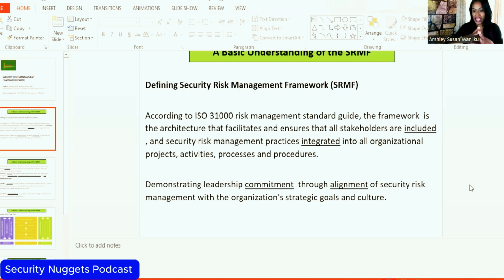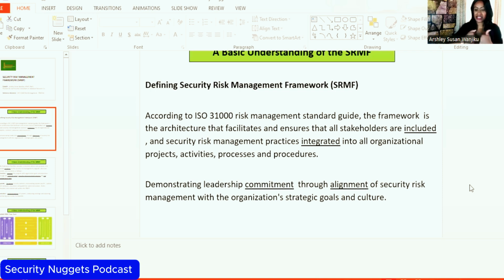And again, the security risk management framework also goes ahead to demonstrate alignment of the security risk management with the organization's strategic goals and culture. Because as we will find out going forward, we are starting off in the framework by establishing the direction.